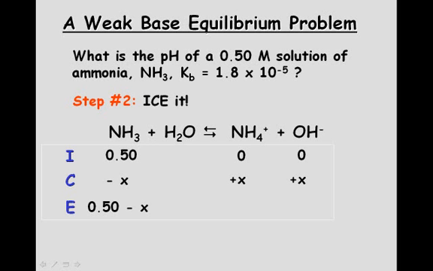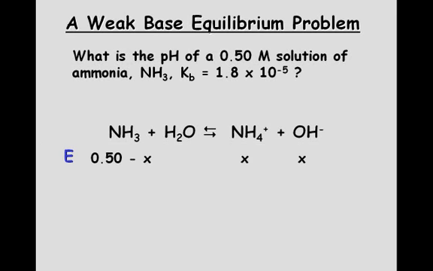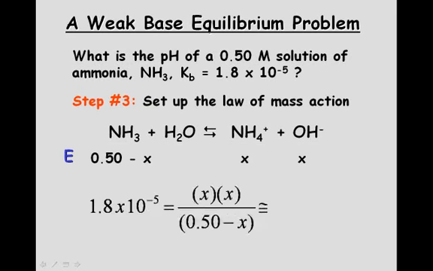We can then add those together to come up with our equilibrium concentrations, and then once again, as with the weak acids, we can plug these into the Kb expression. Now once again, the 5% rule says that we can eliminate the change in x on the bottom, assuming it's really close to 0, and then solve this problem algebraically.